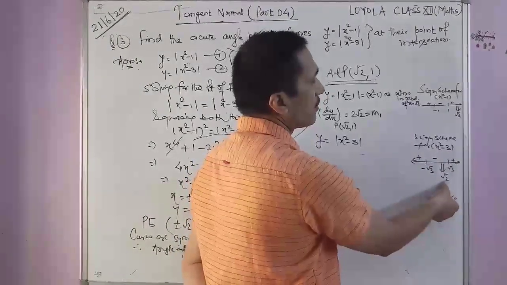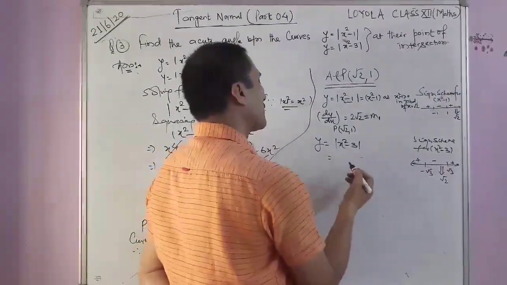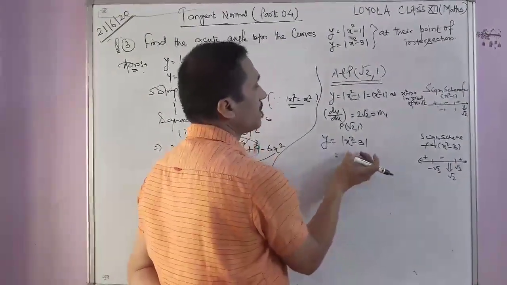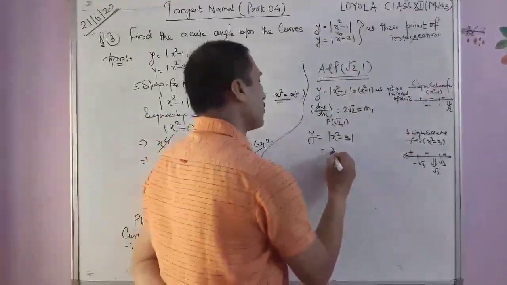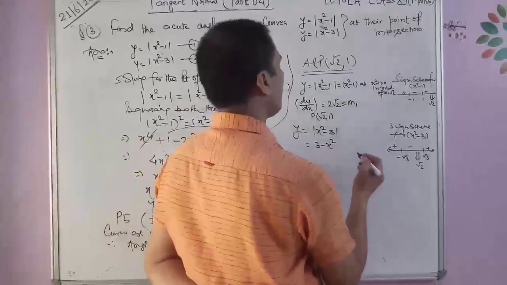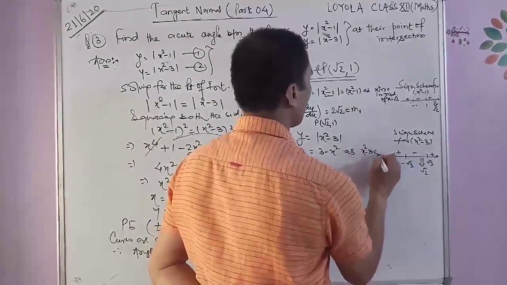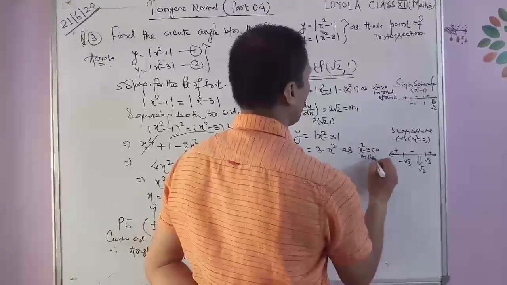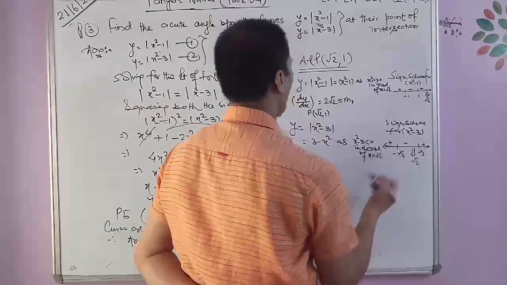So in the neighborhood of √2 this expression is negative. After removing the modulus, we write x² − 3 with a negative sign, which is 3 − x². Here the region is x² − 3 less than 0 in the neighborhood of x equal to √2.